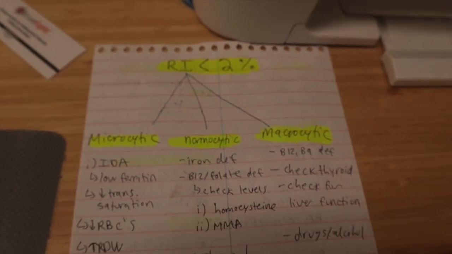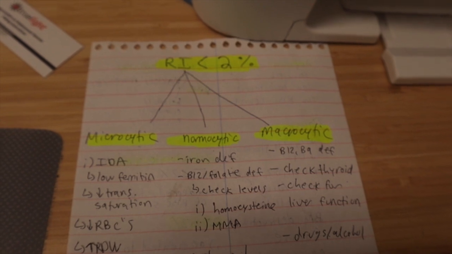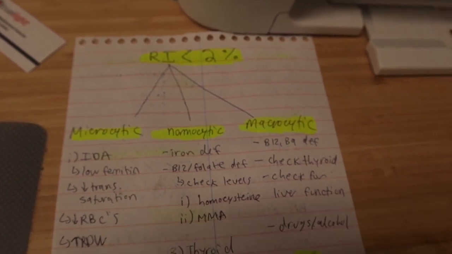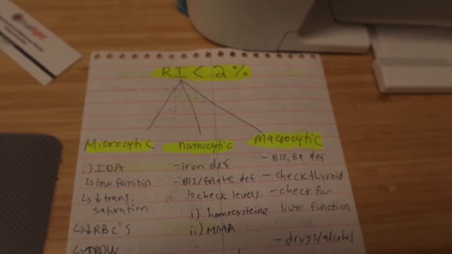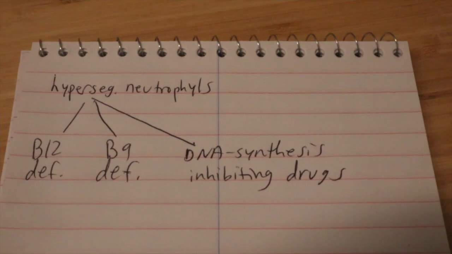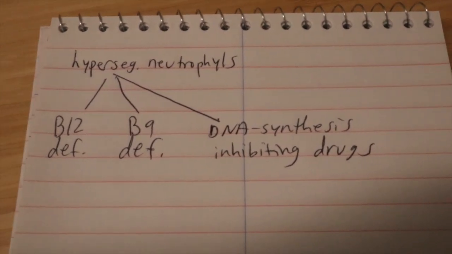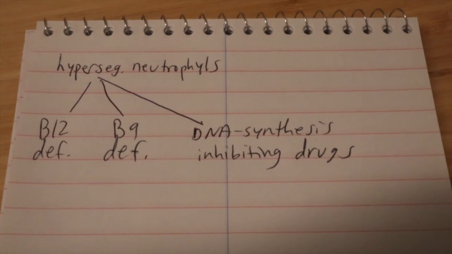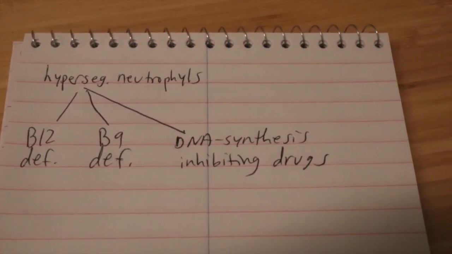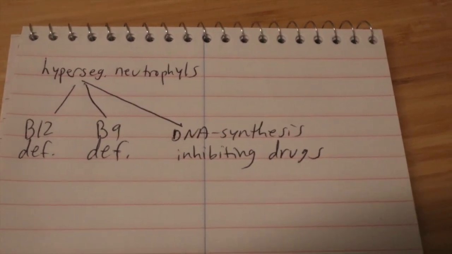For example, if a patient comes to you with a reticulocyte index of less than 2%, and if they have macrocytosis, let's say 120 femtoliters, so that's above 100. So again, in this situation, we had hypersegmented neutrophils, and we had a situation with a reticulocyte index of less than 2%, and also macrocytosis.